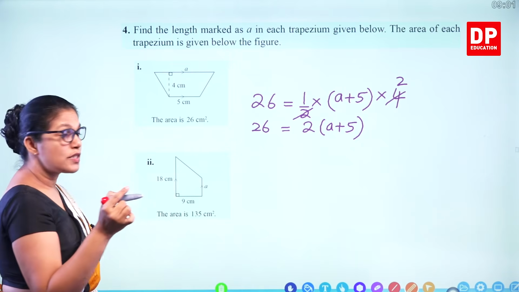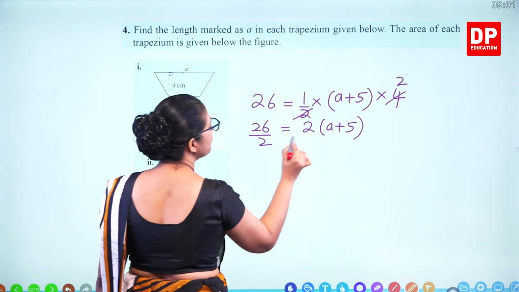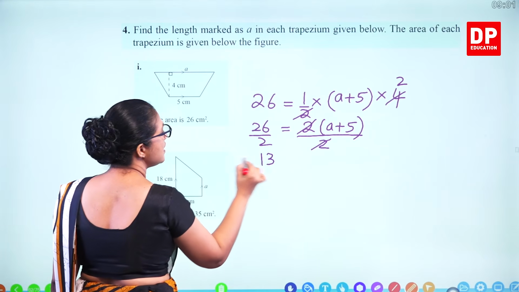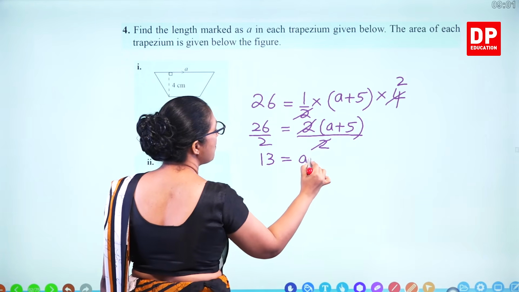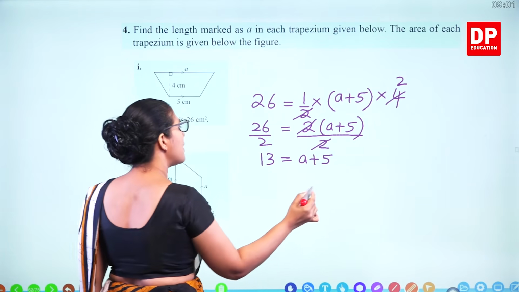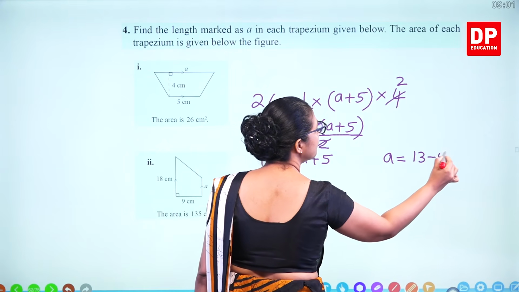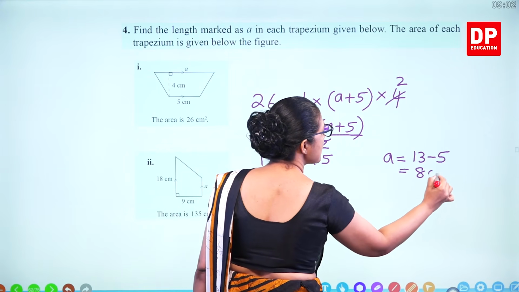I can divide both sides by 2. You get 13 is equal to A plus 5. So what's A? A becomes 13 minus 5, 8 centimeters.